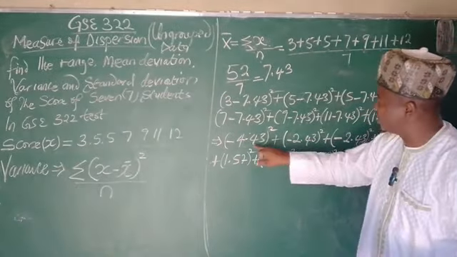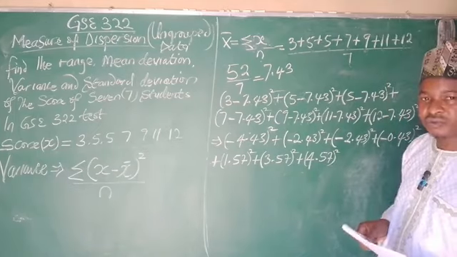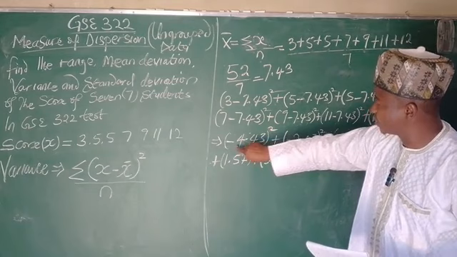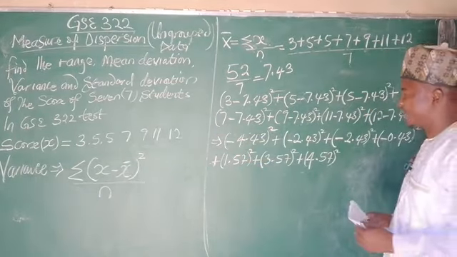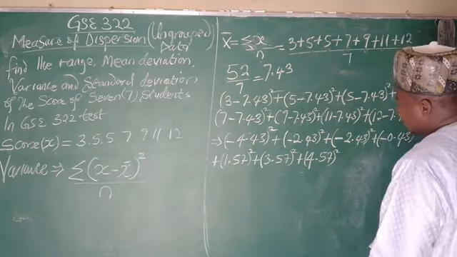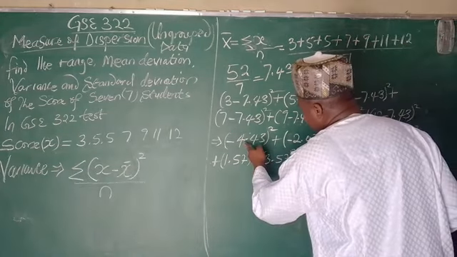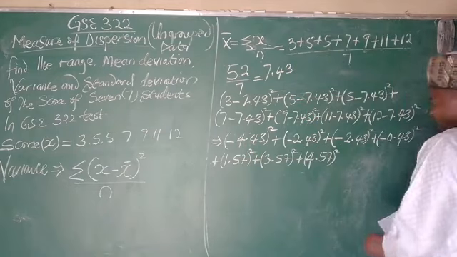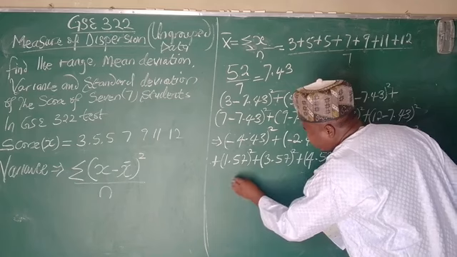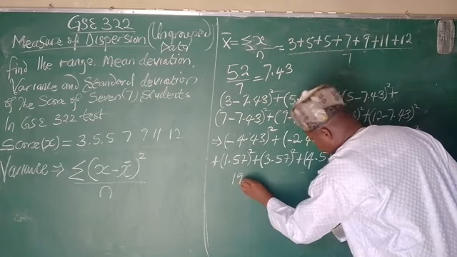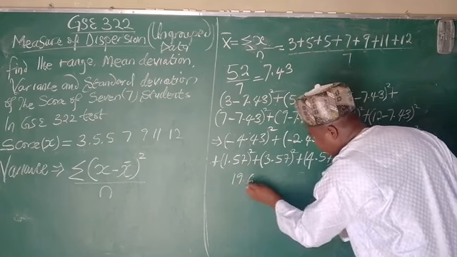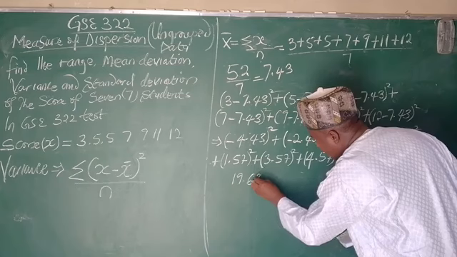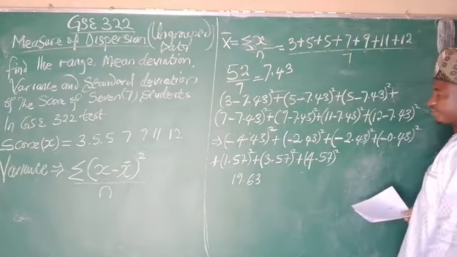Then 4.3 times 4.3 also, because I said this square is having effect on the minus and on the value inside the bracket. So therefore we said minus 4.43 square is going to give us 19.63.